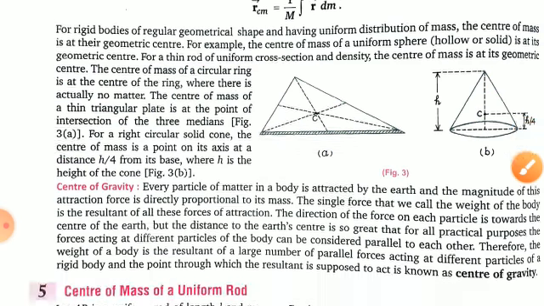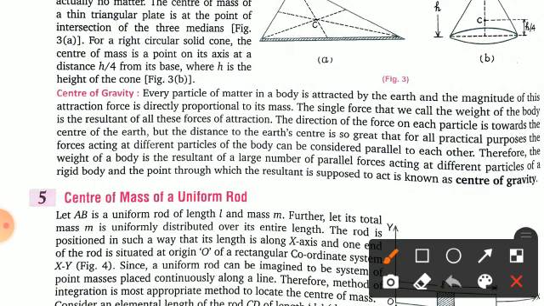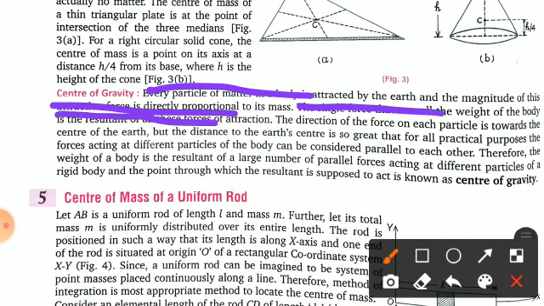Clear? Now we talk about center of gravity. Every particle of matter in a body is attracted by the earth, and the magnitude of this attraction force is directly proportional to its mass. The single force that we call the weight of the body is the resultant of all these forces of attraction. Clear?